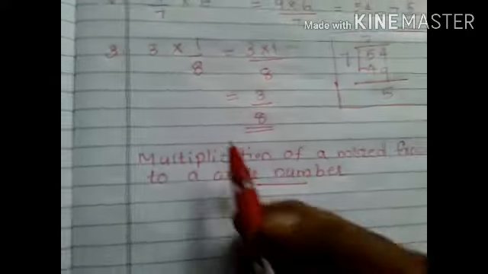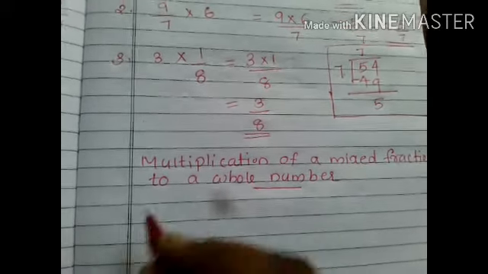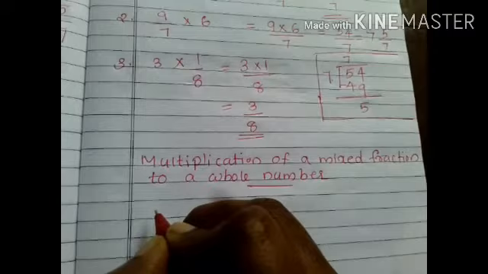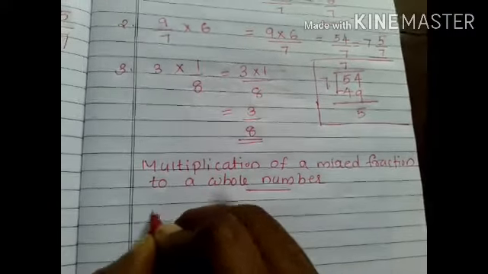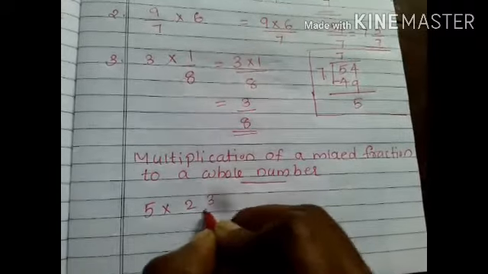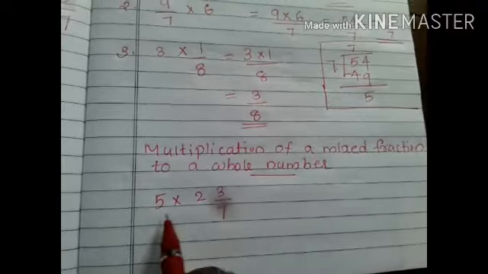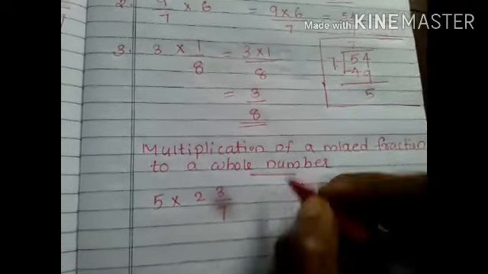Next one, multiplication of a mixed fraction by a whole number. 2, 3 by 7 is a mixed fraction multiplied by a whole number 5.